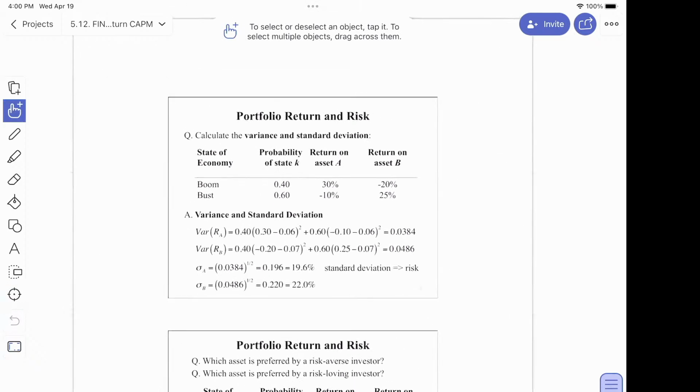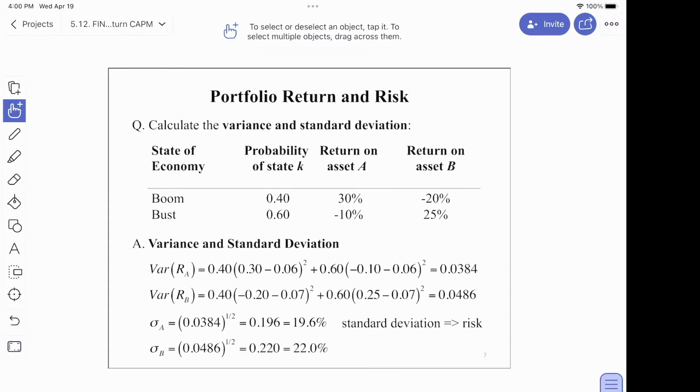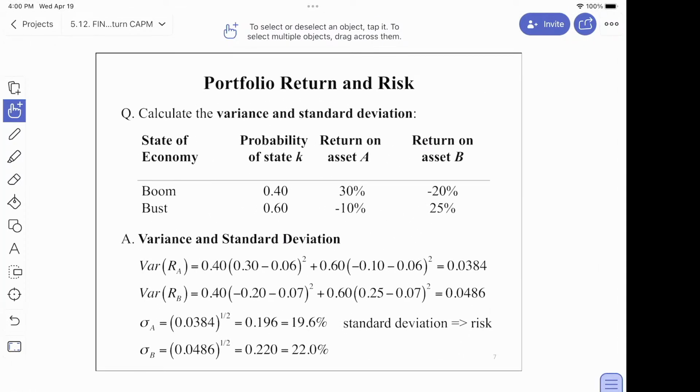So I'm just going to walk through this, and you can verify all the calculations on your own. Same data set. The variance on asset A is the weighted average of the squared deviations from the mean of 6%. And when we do that, we get a variance of 0.0384. And for asset B, doing the same thing using its expected return of 7%, is a higher variance than for A. So, well, what do we see?